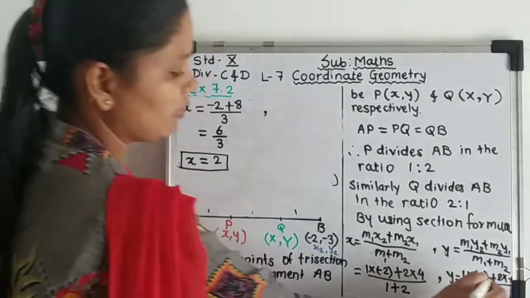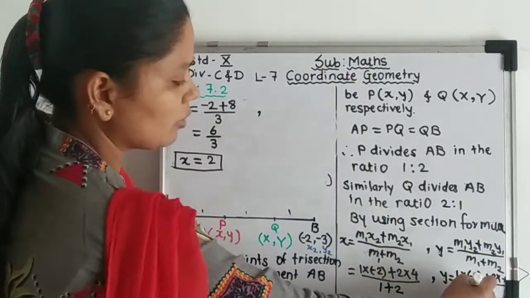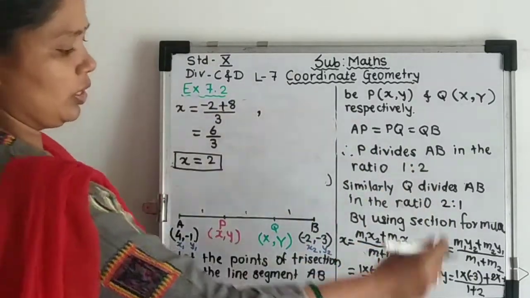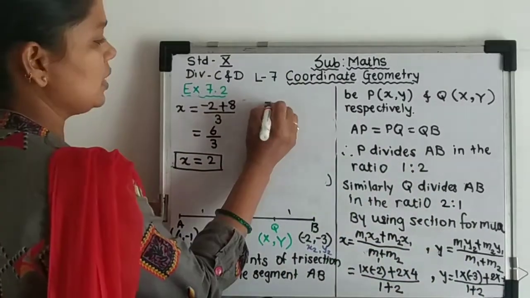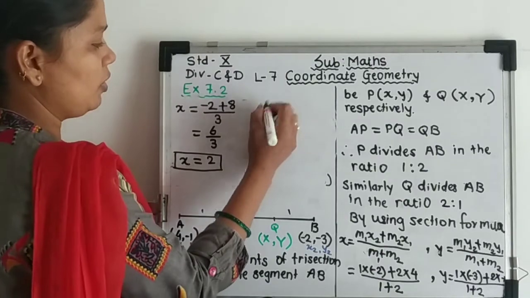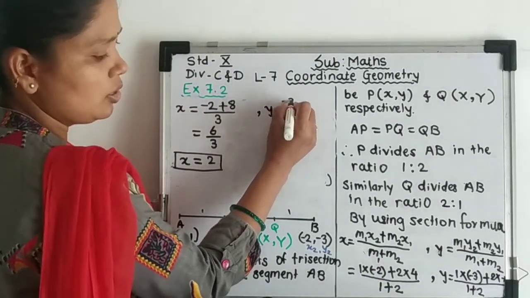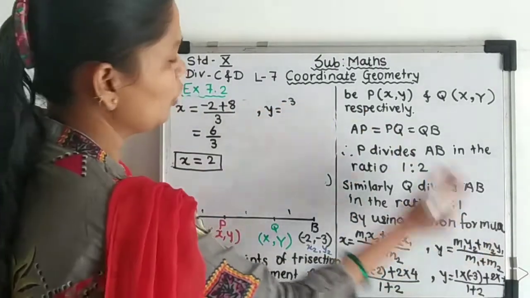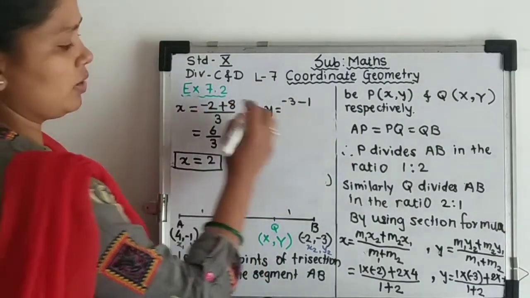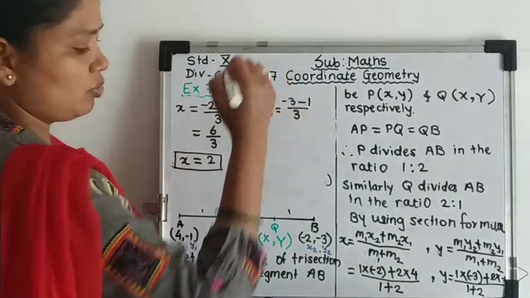So we will have here that 1 plus 2. Now carefully do it. 1 into -3 is -3. First of all we will write y is equals to -3 and 2 into -1 is -1 upon 3.